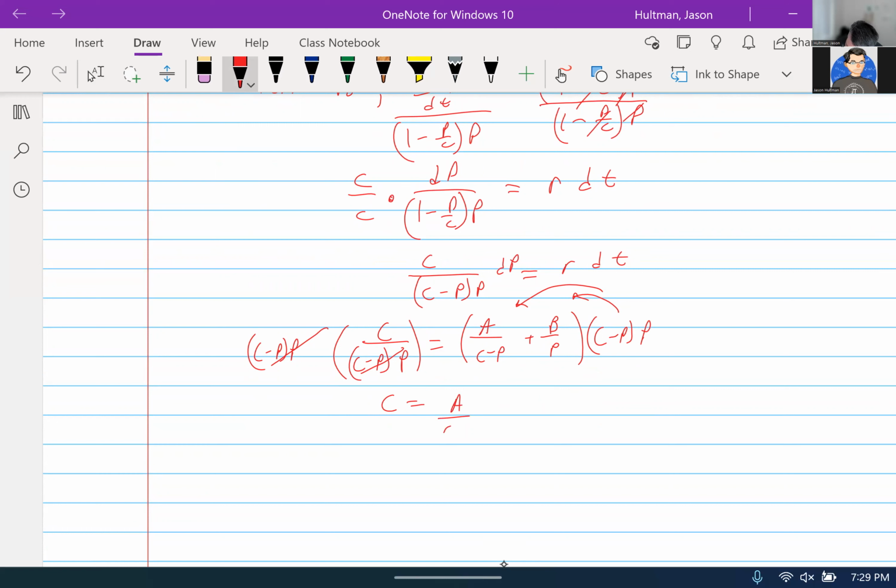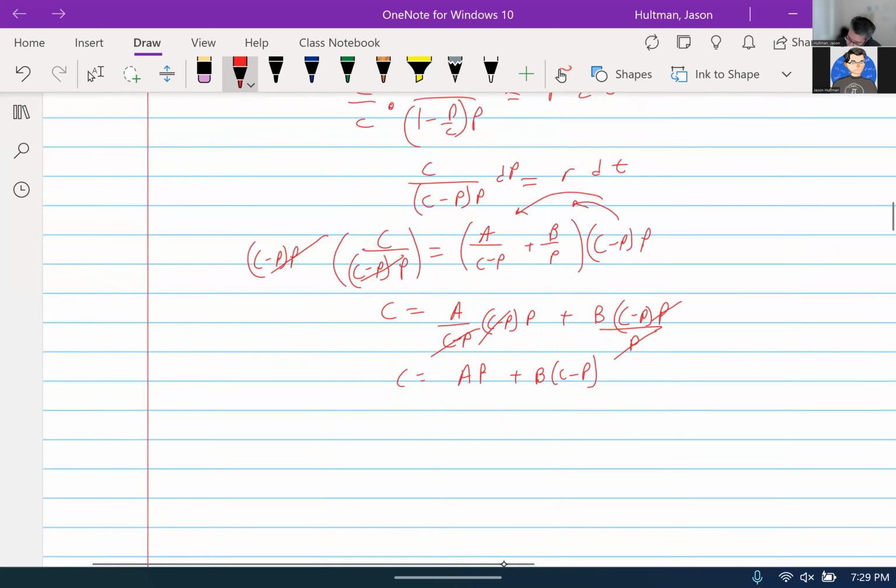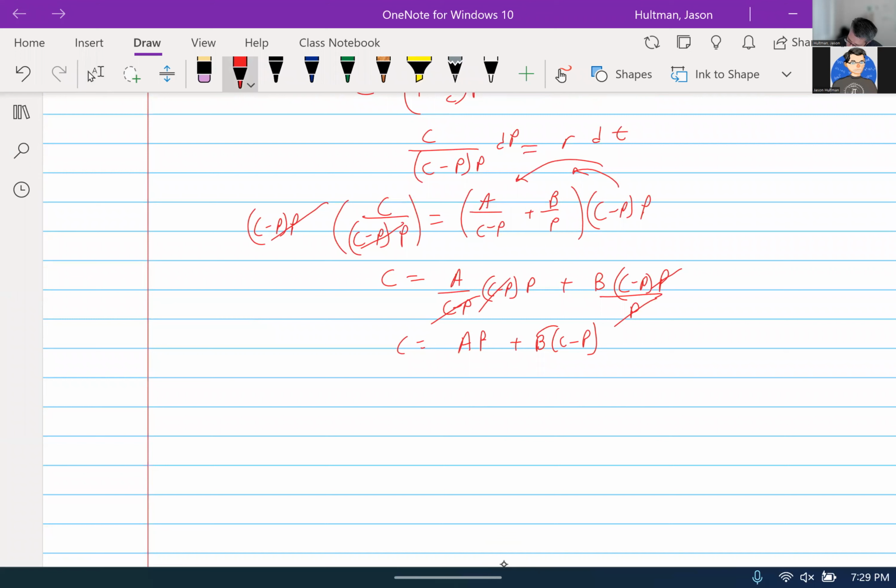I'll just not skip steps. So C minus P times P plus B times C minus P, P over P. These cancel there, and those cancel there. With C is equal to A P plus B times C minus P. Okay, distribute.